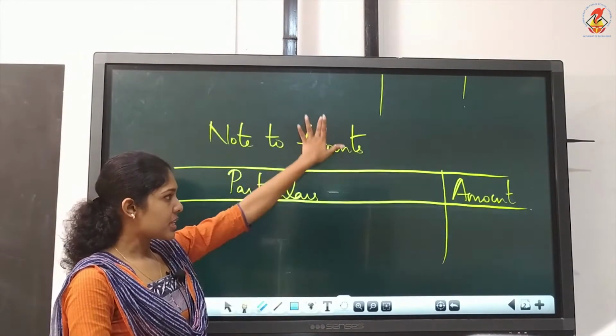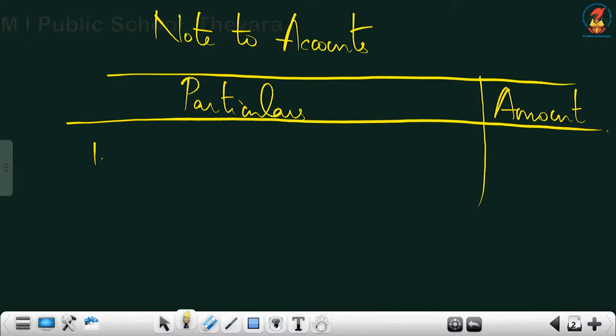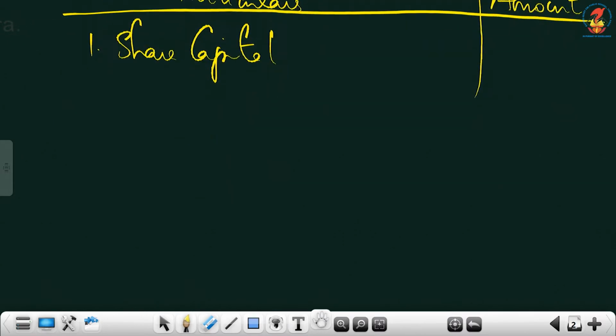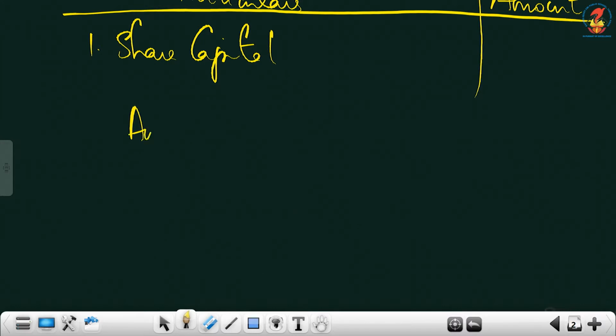So now we'll see what is the division of share capital. Under note to accounts we'll write share capital first. Then below that we have three sections. First is authorized capital.